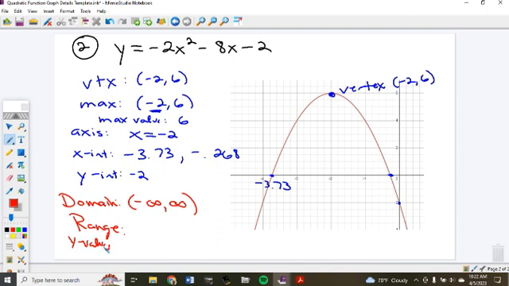Well, this thing does not exist at every y value. If we look at this graph here, it does go down to negative infinity, but it stops up here at this y value of 6. It doesn't exist above 6. So the range is going to be negative infinity to 6. So the range has a stopping point on this one. The domain, it exists everywhere.